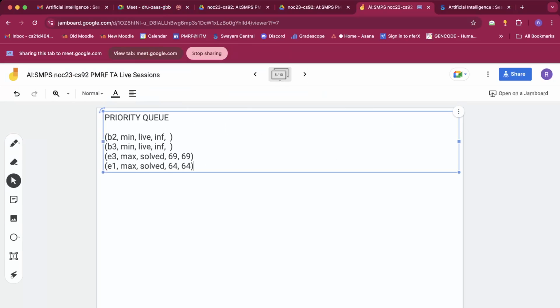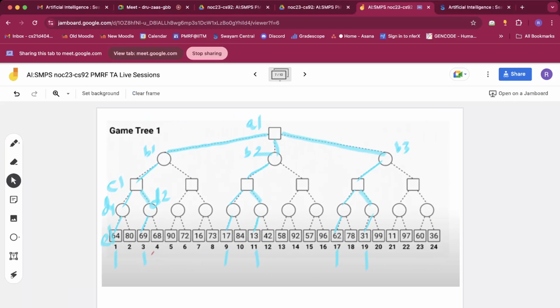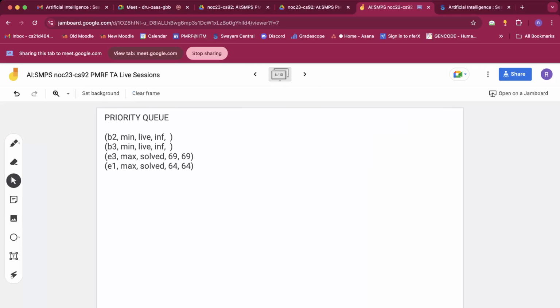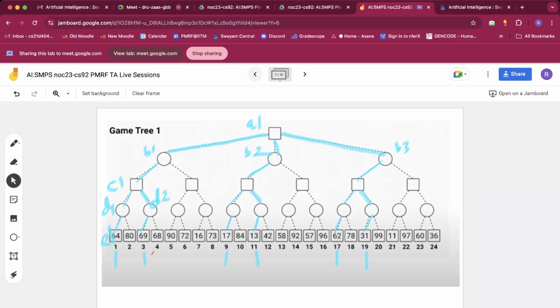Okay then, so this is where we were at. Now what we have to do is pop B2 and add the leftmost child of B2. We were at B2, right? Yeah, so that's correct. This is C2 and this is C3.